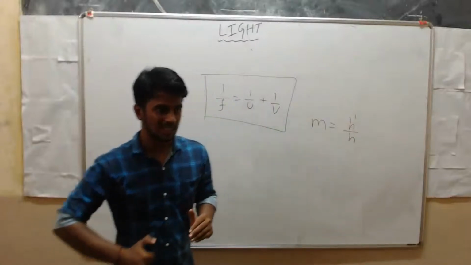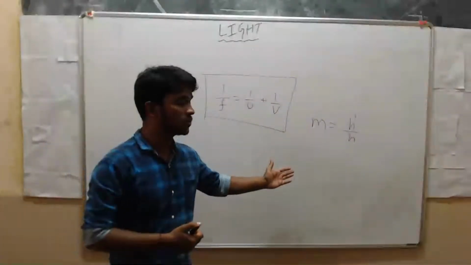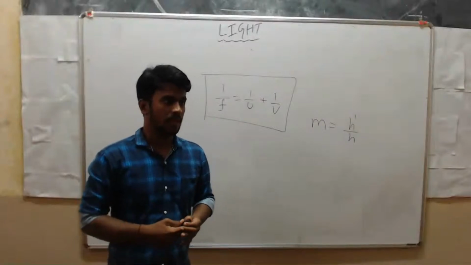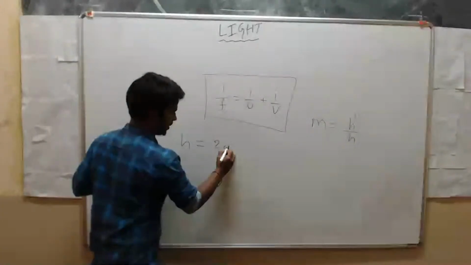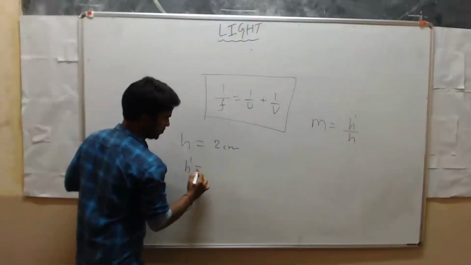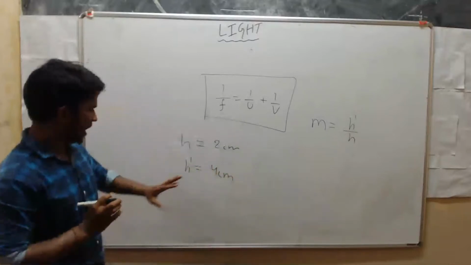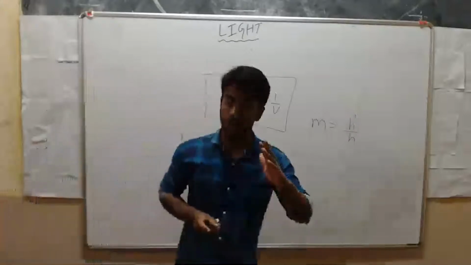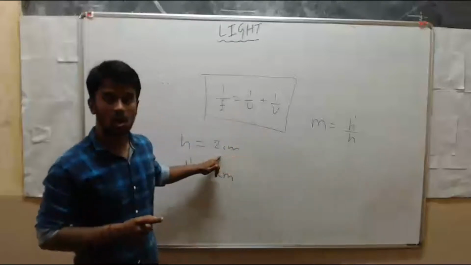See here, just compare the height of the image with respect to the height of the object. For example, if height of the object is 2 centimeter, then height of the image is 4 centimeter. So now can I say, see here, we are comparing how many times the image is greater or smaller than the object.